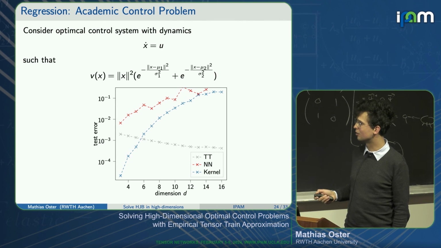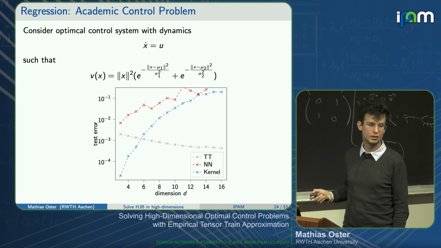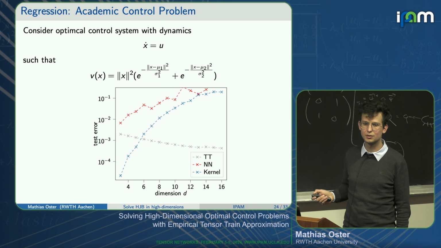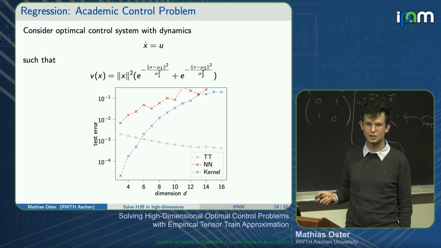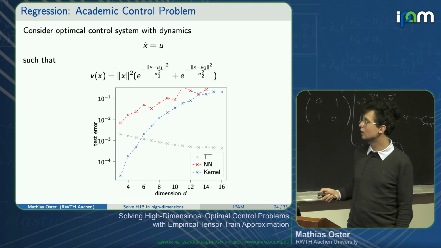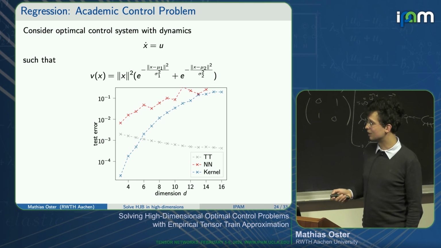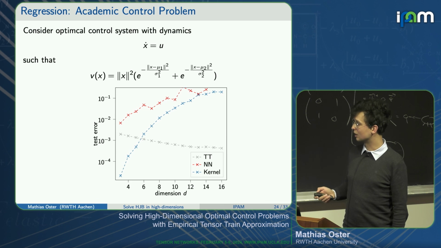However, the kernel methods and the neural networks get quite bad. An error of 30% or something like this is not acceptable in scientific computing at all. But again, this might be due to the training of the neural network, that it's not quite what you want.